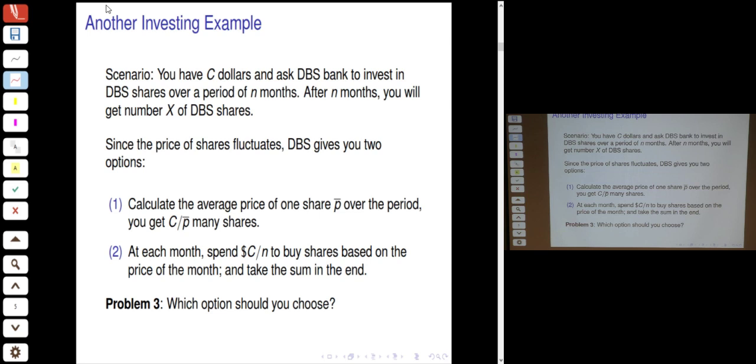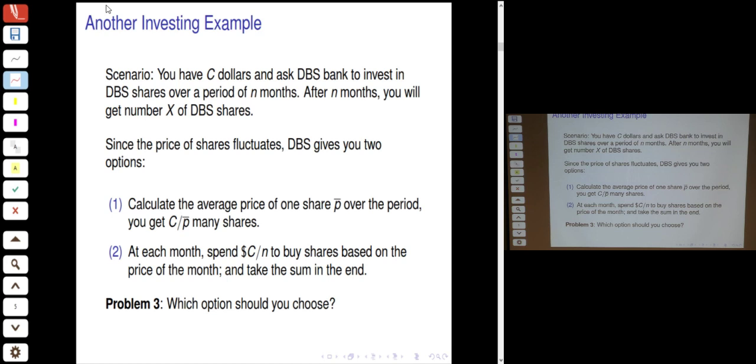So if you just go back to the previous strategy, I am a very simple minded person, so I go and give DBS a bunch of money, and DBS calculates how many shares it produces at the share price of 21st August and gives me those many shares, right.